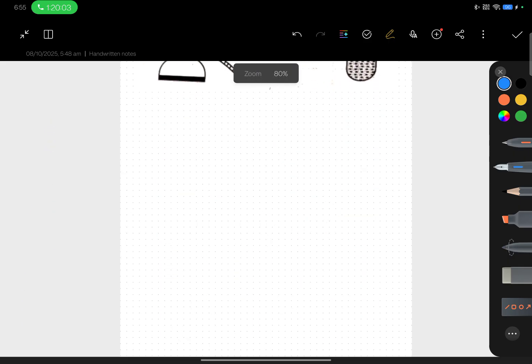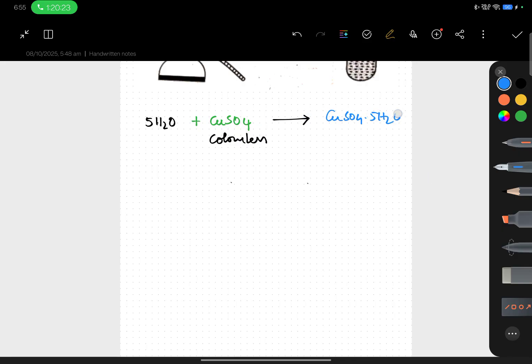Now what will happen? The water molecules that come out make the copper sulfate, which is actually colorless, become copper sulfate pentahydrate, which is blue in color.